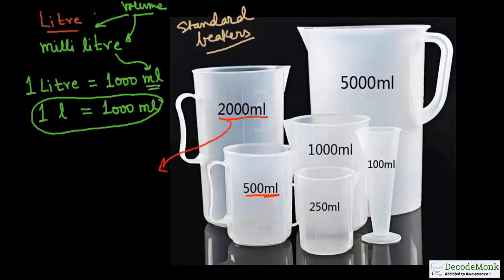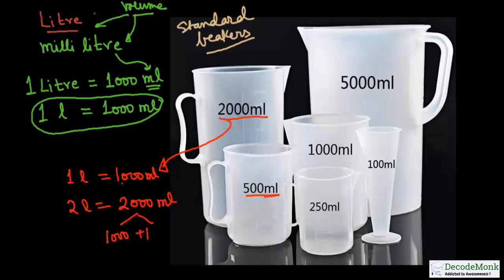Now tell me, how much is 2000 milliliter? We can easily say, if 1 liter equal to 1000 milliliter, then 2 liter will be equal to 1000 plus 1000, that is 2000 milliliter. So this 2000 milliliter can also be written as 2 liter.